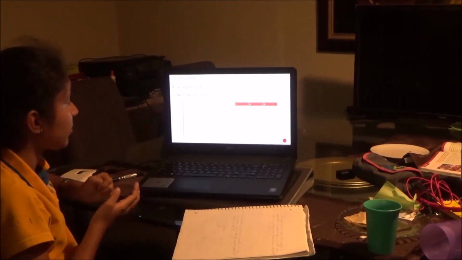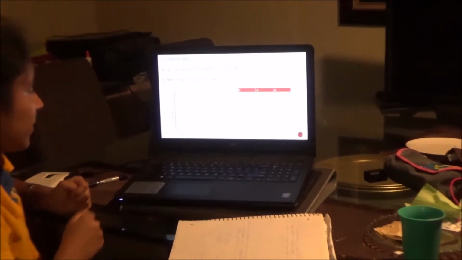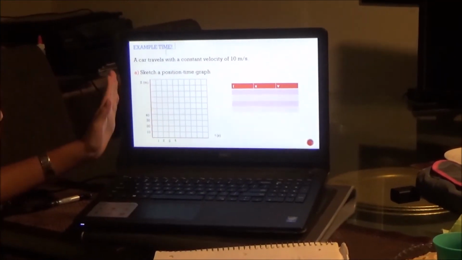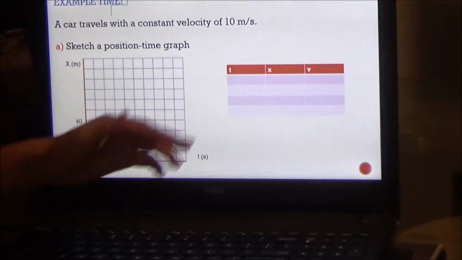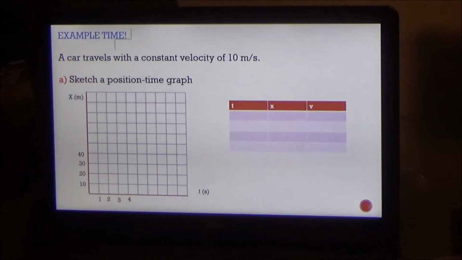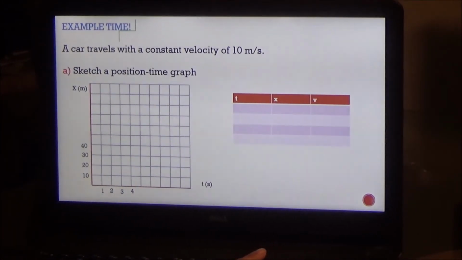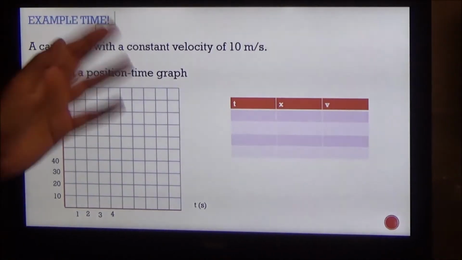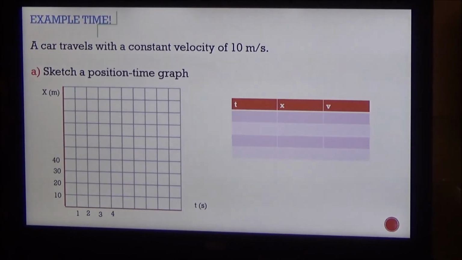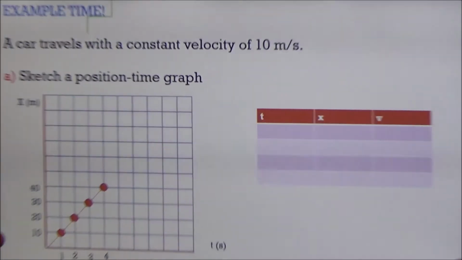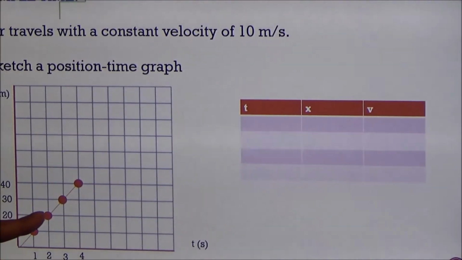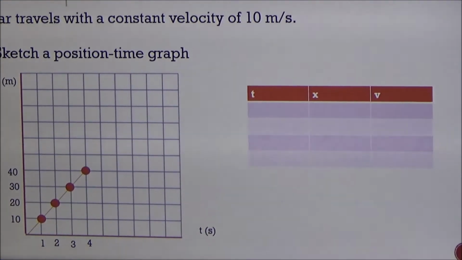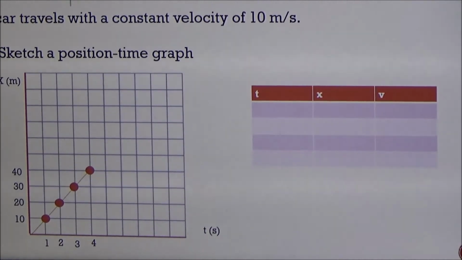It says, sketch a position-time graphic. As already said, this is the position and this is the time. This is the table that we will use. So it's a constant velocity of 10 meters per second. So we do this: 10, 20, 30 and 40, because that's what it moves every second.